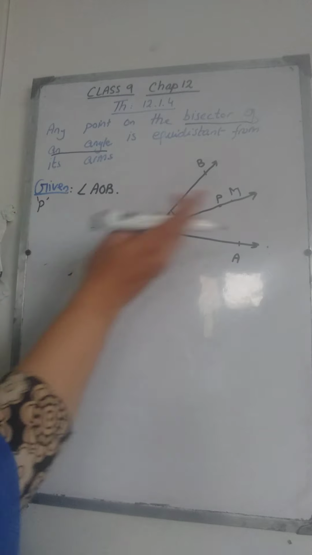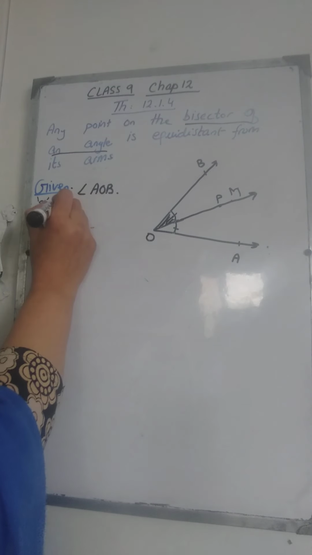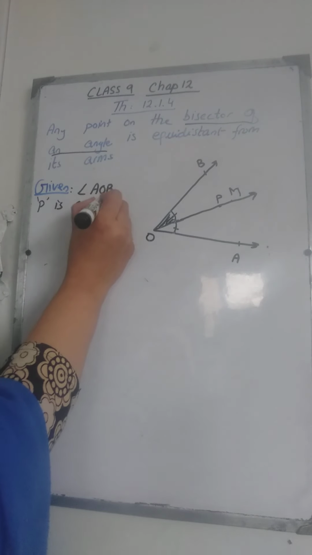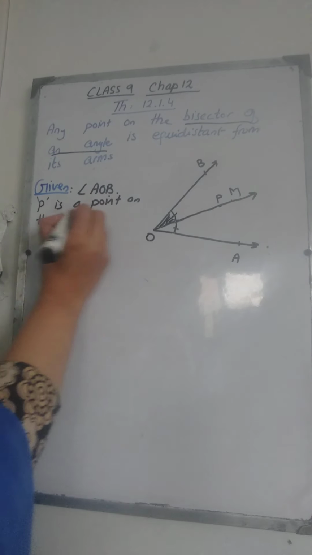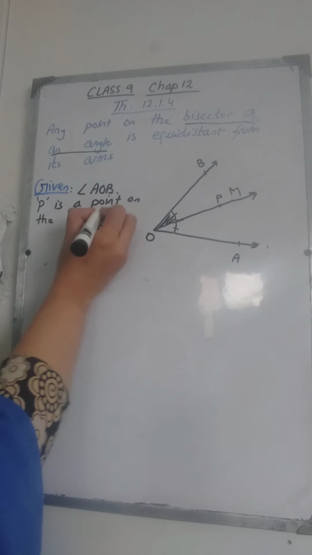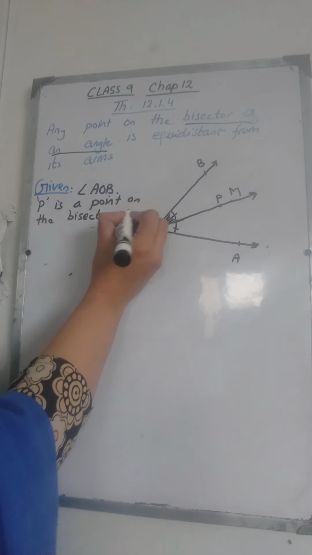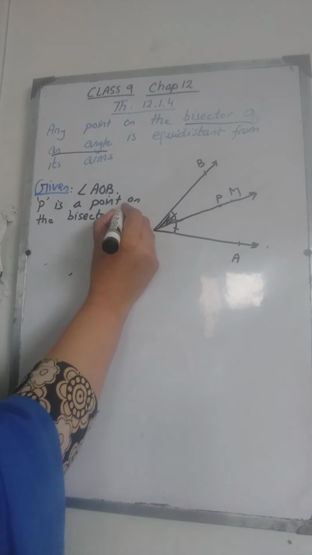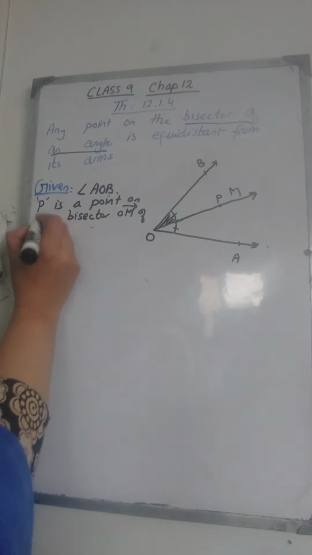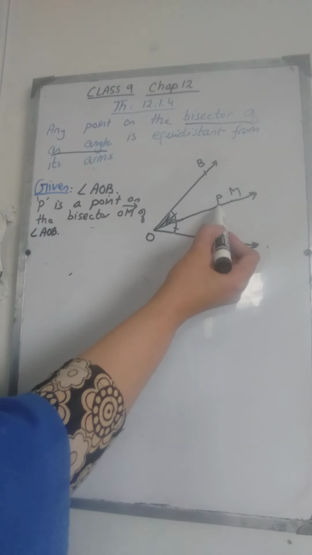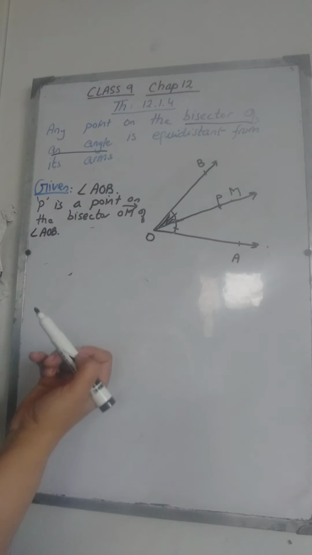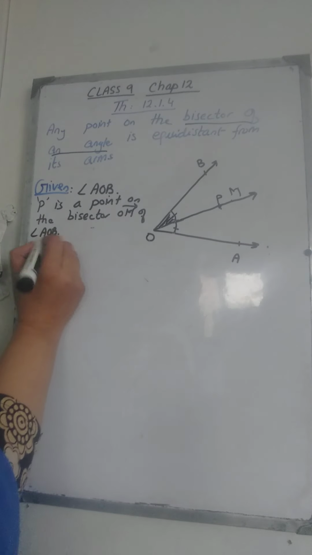P represents any point on the line, P is a point on the bisector OM. OM is the bisector of angle AOB. So we have taken P as any point on the bisector of this angle AOB.